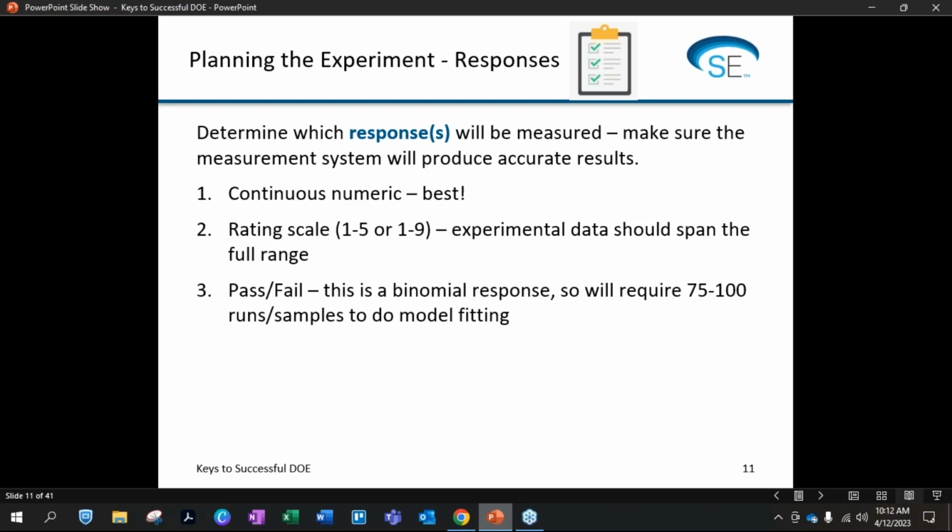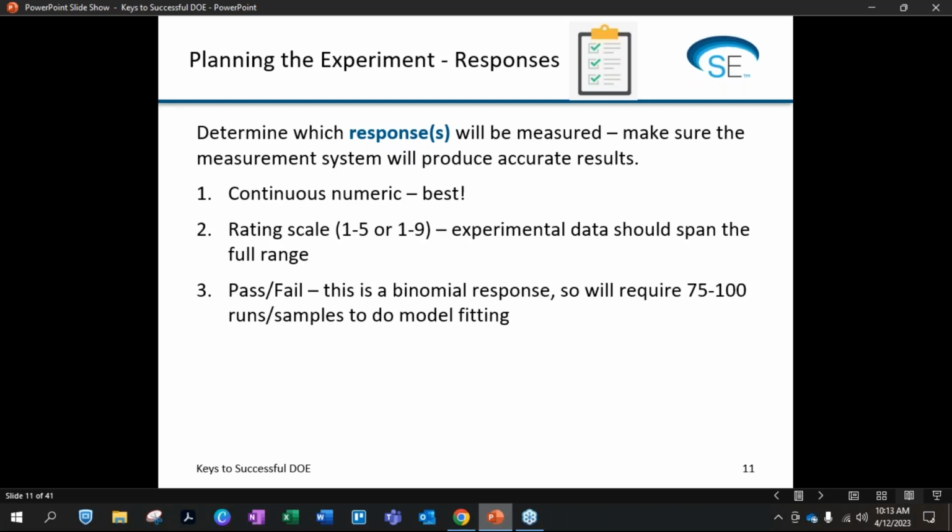And you see on the screen here that if you have simple pass-fail response data, that is going to require 75 to 100 runs or samples in order to do the model fitting. It requires just a lot of data. And this is whether you're using ANOVA or logistic regression or any of the other tools.